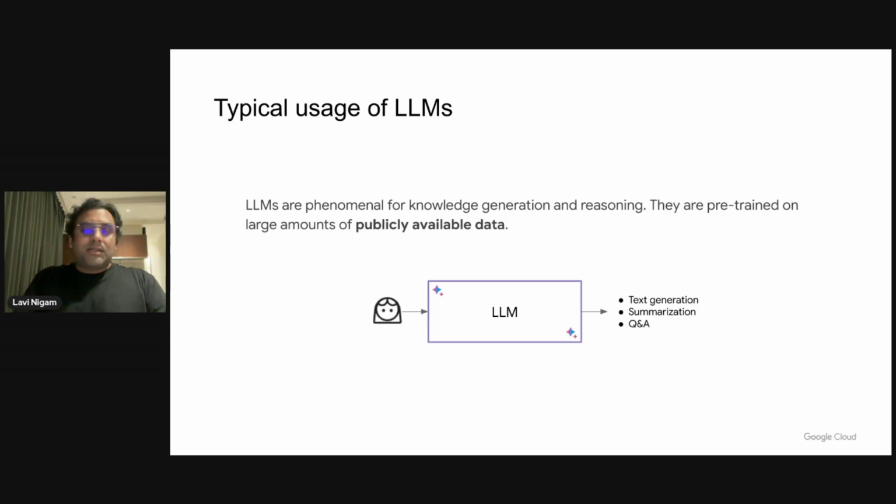We are trying to summarize information, ask questions about publicly available data, or generate poems or other data based on the data you input. But all of this is centered around the data which the model has been trained on.